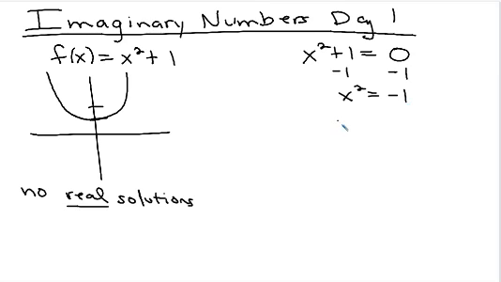If I took the square root of both sides, I have the square root of negative 1, which we cannot do. That is where we get our definition: the square root of negative 1 is equal to i. All right, i by definition is the square root of negative 1.